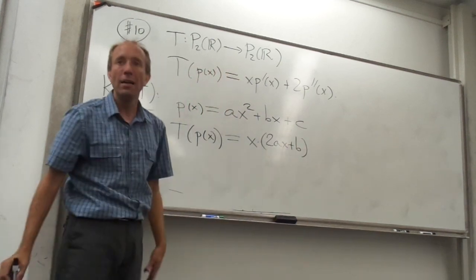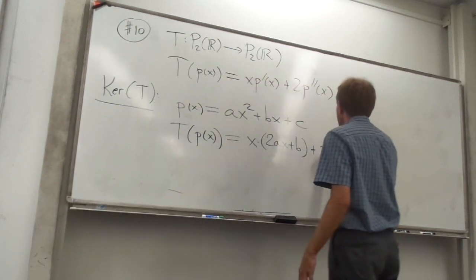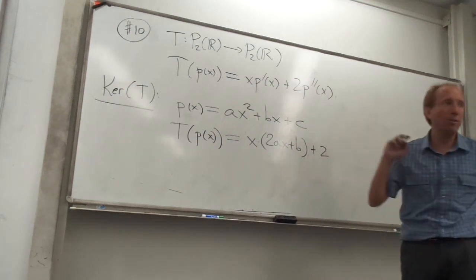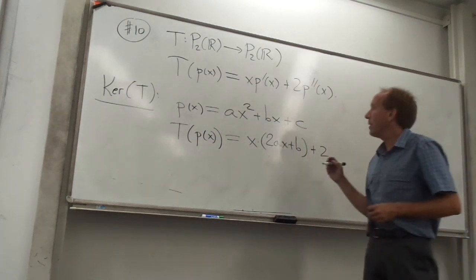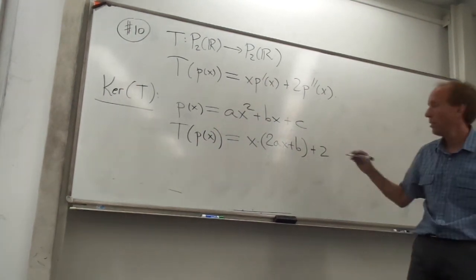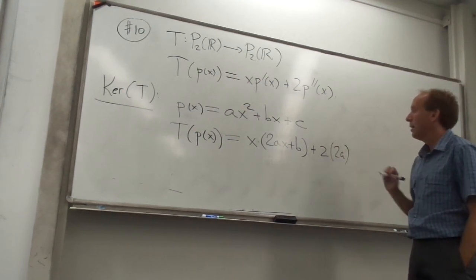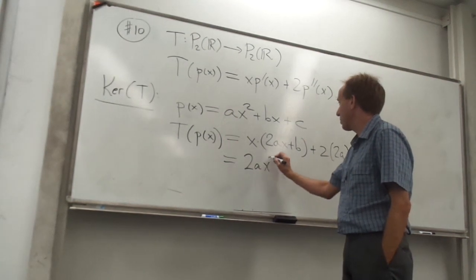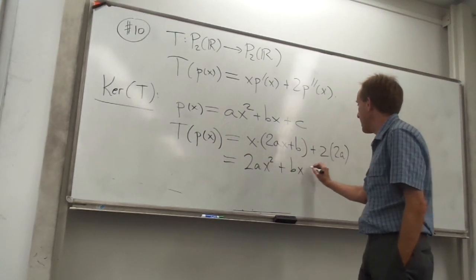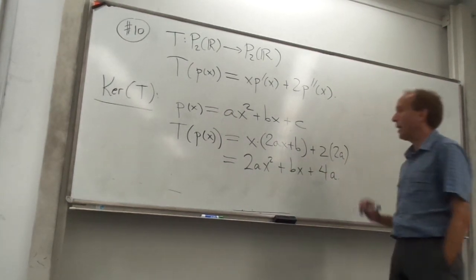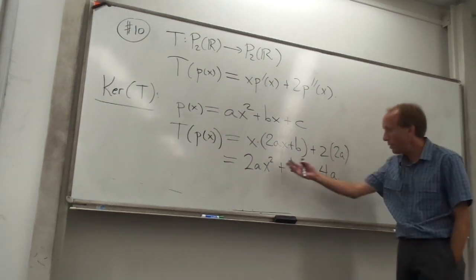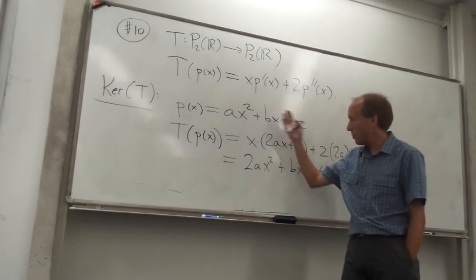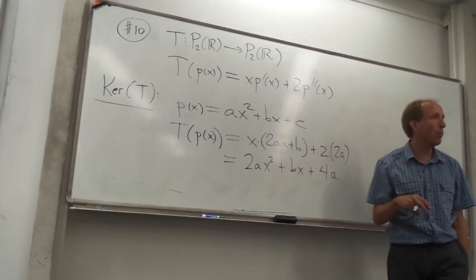And then plus 2 times the second derivative of P of x. What would be the second derivative? 2a. Great. And I might even want to clean that up a little bit. So this is 2a times x squared plus b times x plus 4 times a. Now I've expressed my inputs and outputs in a little bit better form.